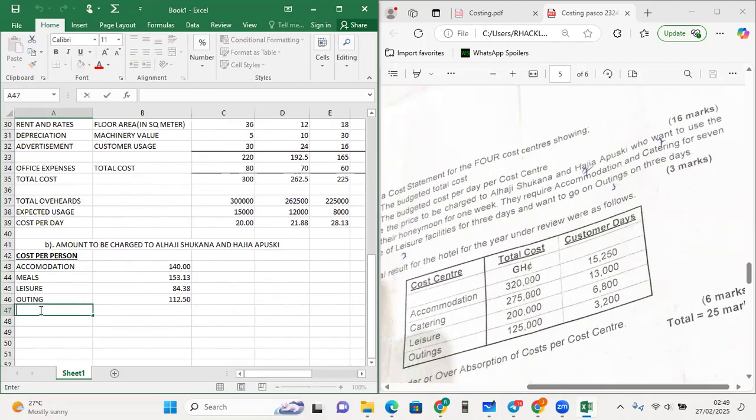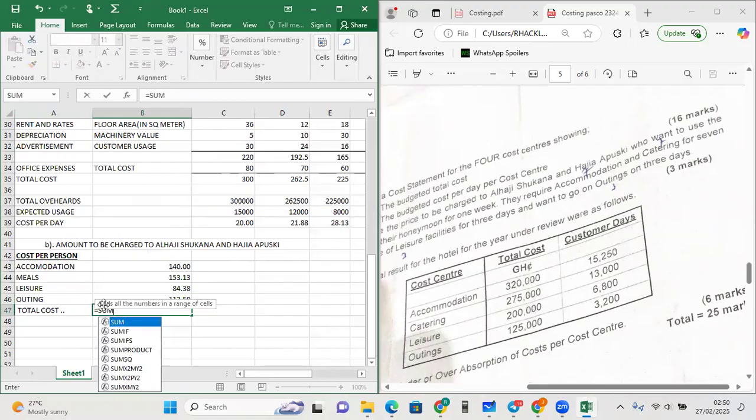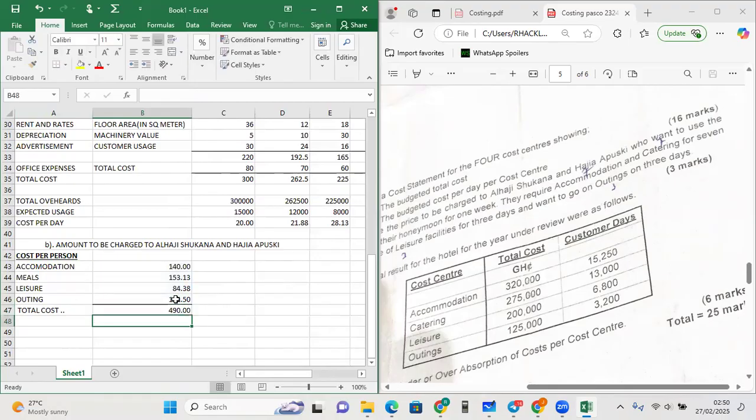Now the total cost here is going to be the sum of all of them.